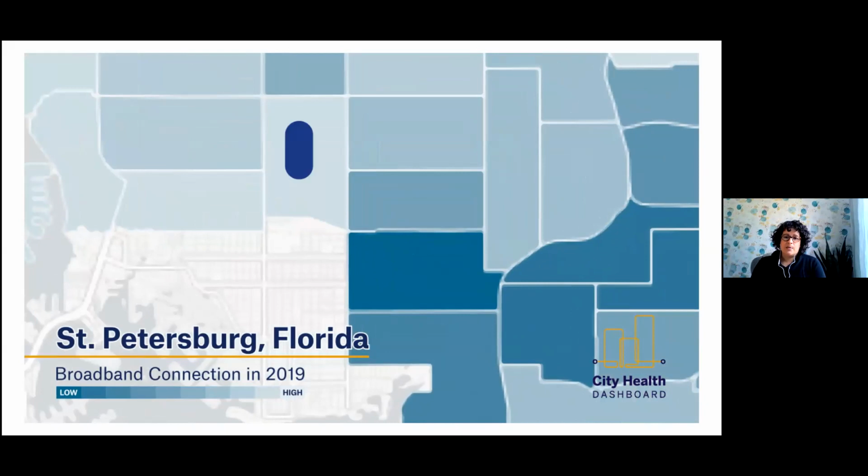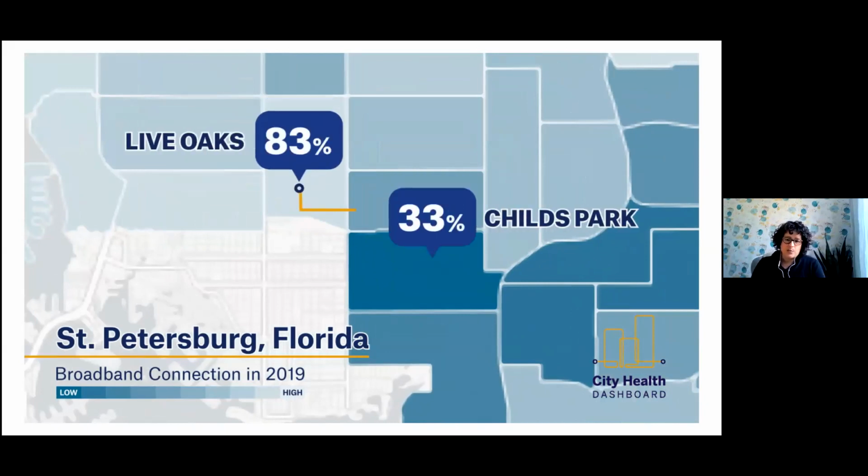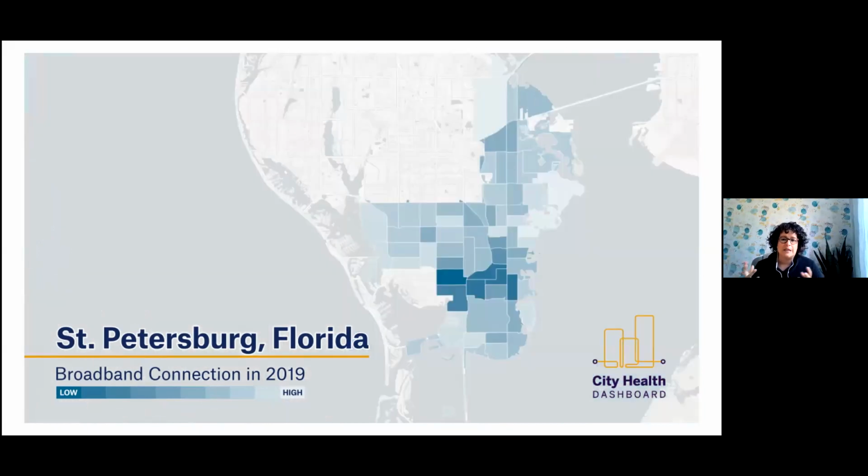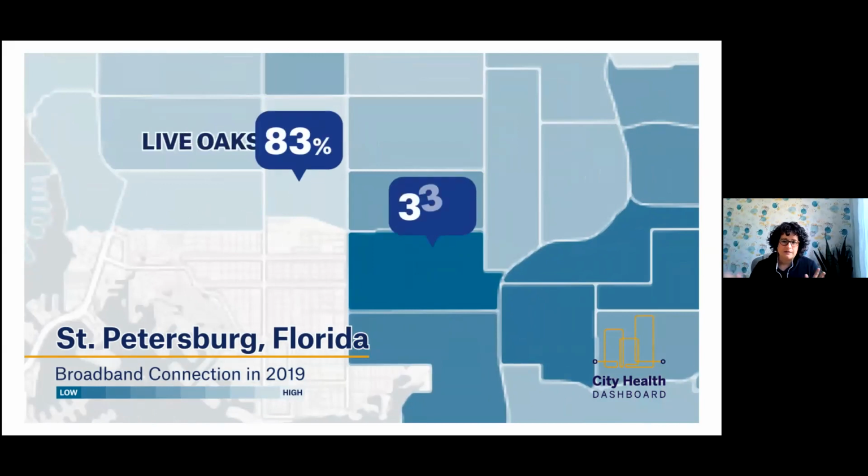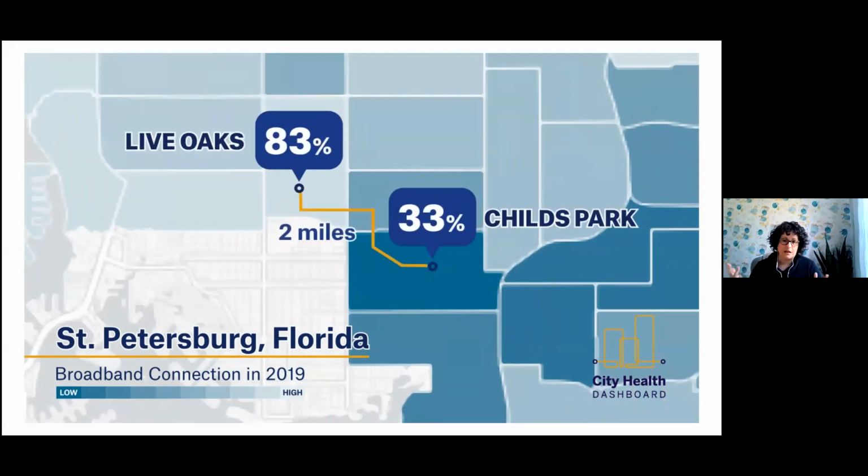So here's another example using maps and data from the City Health Dashboard. Across the dashboard, we tend to use Choropleth maps, and these show varying levels or rates of data by census tract. You've definitely seen similar maps by state, for example. And you can merge multiple sources of data to create a narrative.